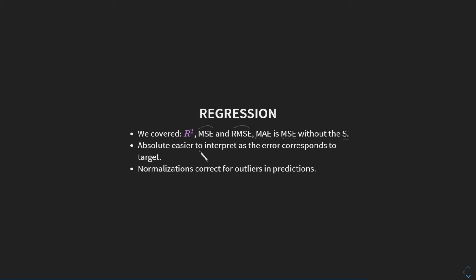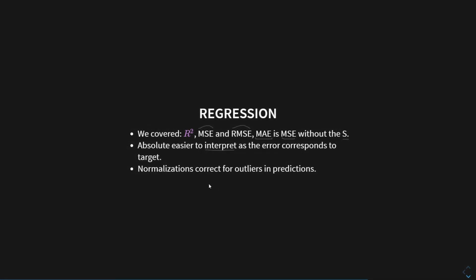Now, mean absolute error is easier to interpret as an error metric, because it corresponds exactly to the residual error. So you can see we're always this much off if we look at the label. Root mean squared error and mean squared error kind of obfuscate this, but they do correct for outliers in our predictions that would maybe blow up our absolute error too much because of these individual effects.